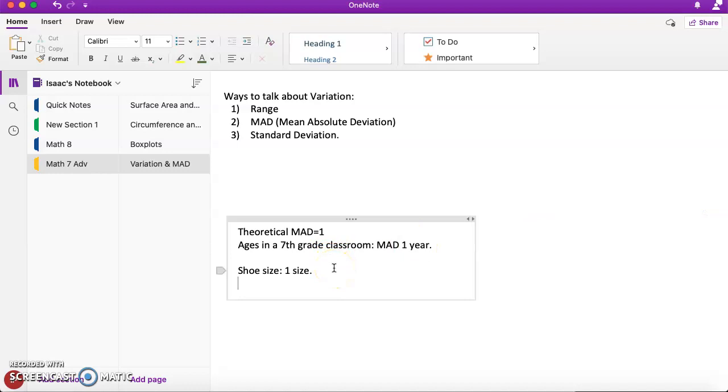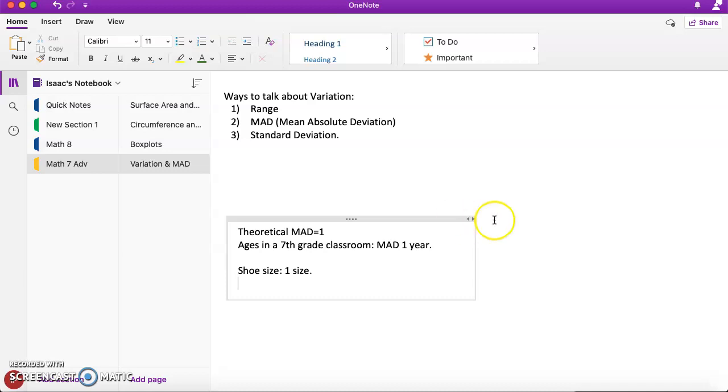So let's see: mean absolute deviation, height, shoe size. I believe that's all you're going to need for today's work. I'm sorry that I didn't make my own video for mean absolute deviation, but I watched that one, trying to figure out a good way to explain it, and I went, dang it, he did too good a job. I can't do better than that.